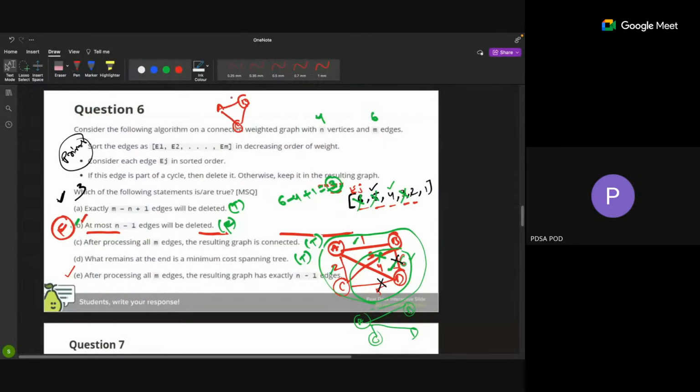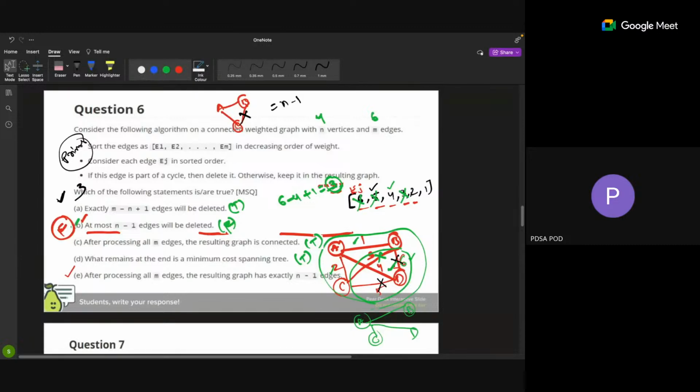To create the spanning tree, we are trying to delete at least one edge. So one edge you are removing, it's not below that; it's definitely equal to n minus 1. Is it right?